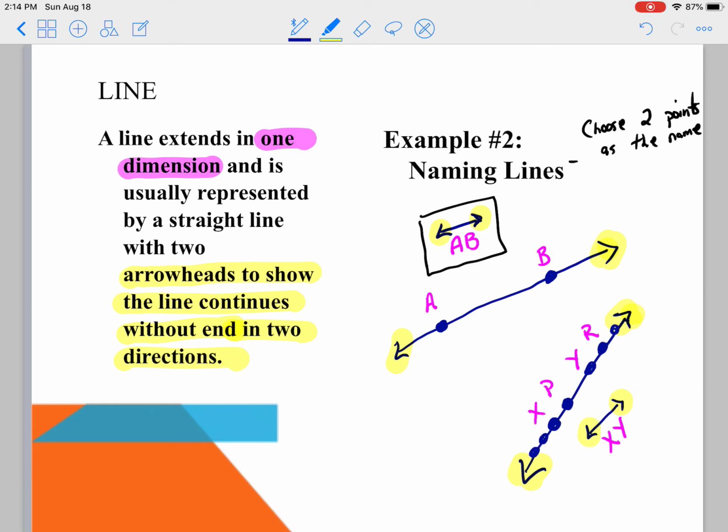Now, it is not necessary for you to highlight the arrowheads in the notation. I'm simply doing that to show you the importance of those arrowheads with respect to a line itself. Because if you leave out the arrowheads, we no longer are working with lines. We're working with segments, which we'll learn about in a moment. So to denote a line, we must have those arrowheads.